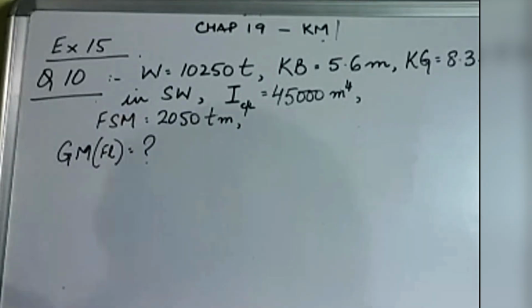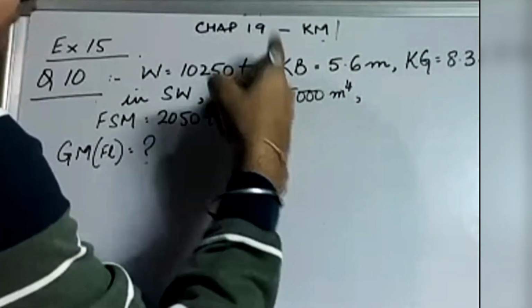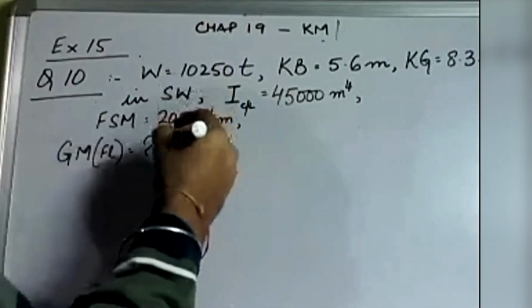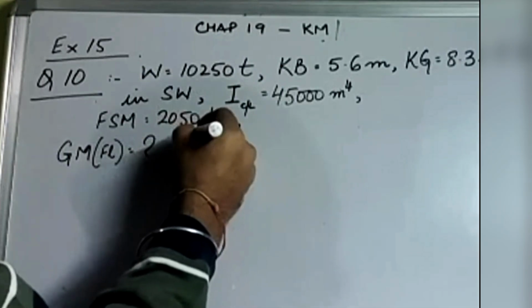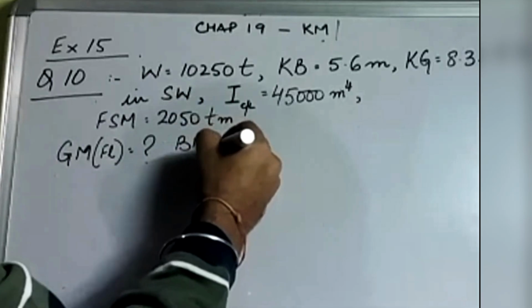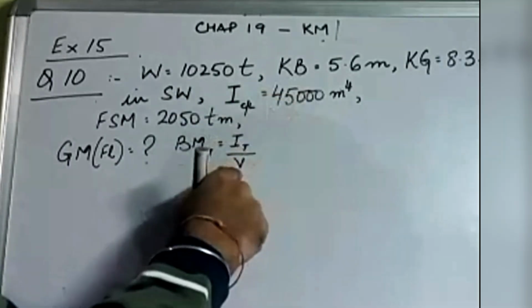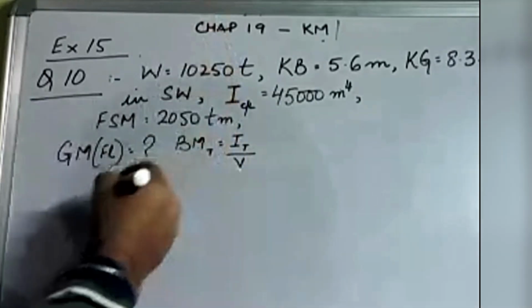All right. Let's start with KB मुझे दिया हुआ है. Let's start with BM. BM is IT by V. So let's find out V first.